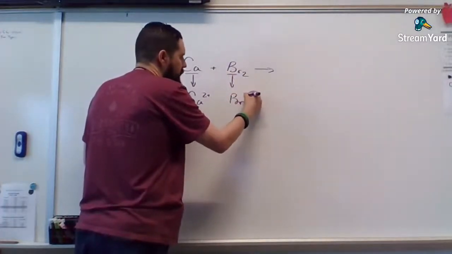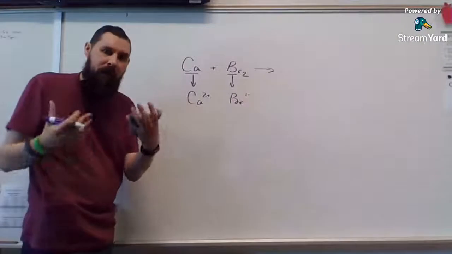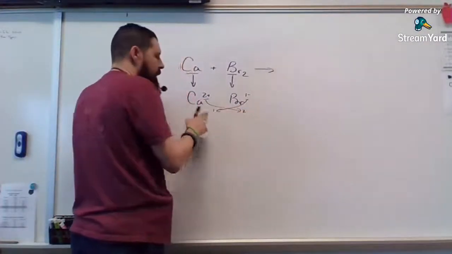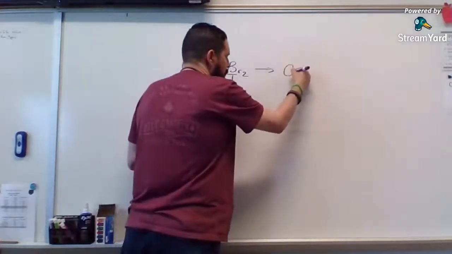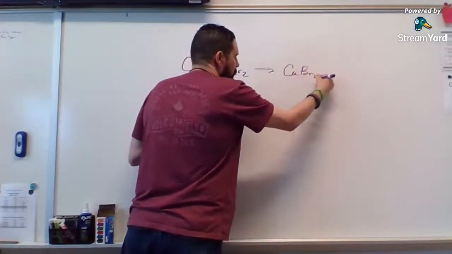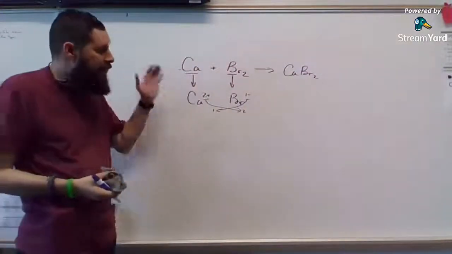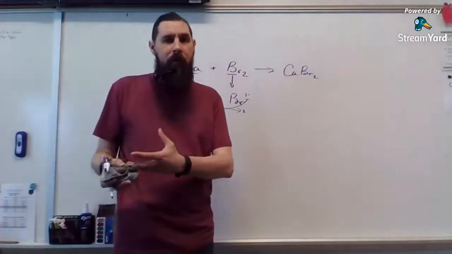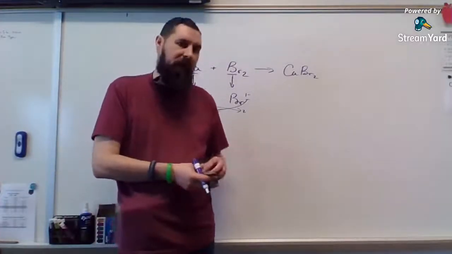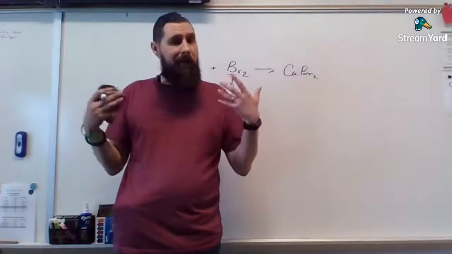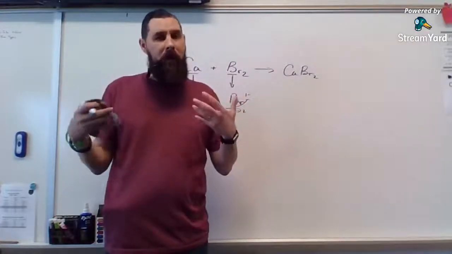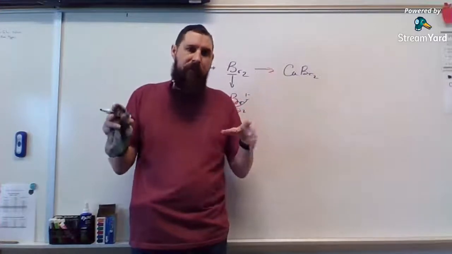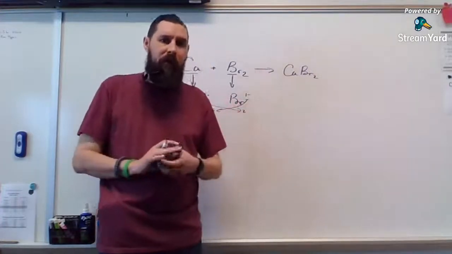Bromine as a halogen, column 17, would be a 1- charge. Cross over those charges, and I get CaBr2, and I get my calcium bromide. And again, the equation is already balanced. So that's combining group 1 metals with a halogen and group 2 metals with a halogen. Again, what we're doing, as always, is looking at what charges they would have within a compound, writing out the symbols with those charges, and crossing down those charges.